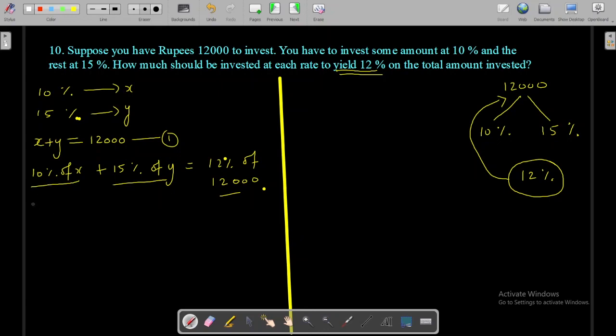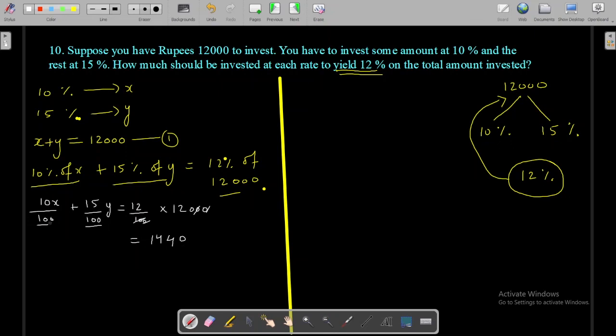So I'll write 10 by 100, that is 10x by 100, plus 15 by 100 y is equal to 12 by 100 into 12,000. So 12 into 120 is nothing but 1440.